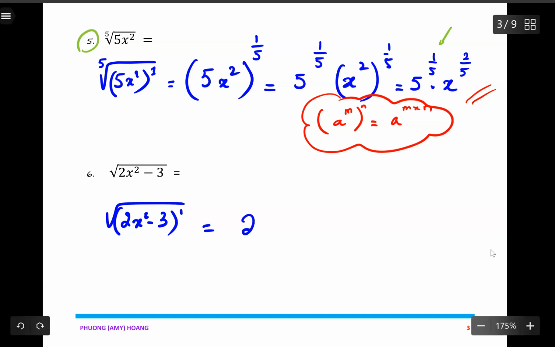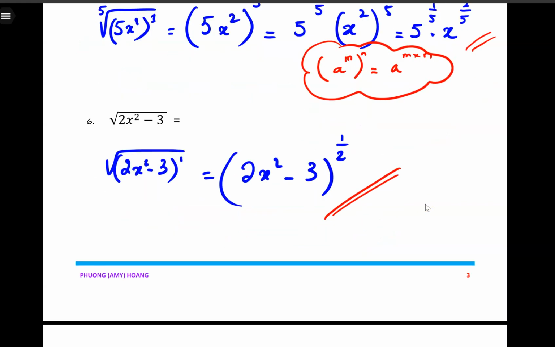Then I can write it as 2x squared minus 3, all of it raised to the exponent a half. Alright, and we stop here. We're not going to expand this any further. The reason is you raise this to the exponent a half, and that's it. That's how you convert this whole radicand into the exponent of a half.